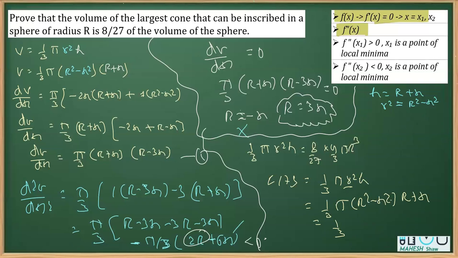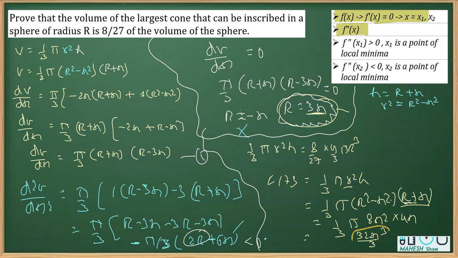And I'm going to replace this capital R. So it is 3x square, which is 9x square from here, minus x square, that is 8x square, times 3x plus x, 4x. So we got this as 32x square into x, that is x cube, over 3. This is what we get as the LHS here.